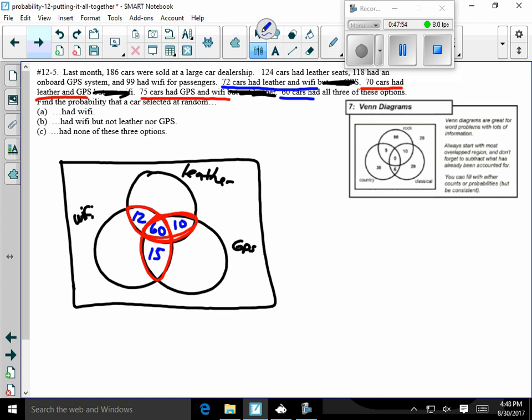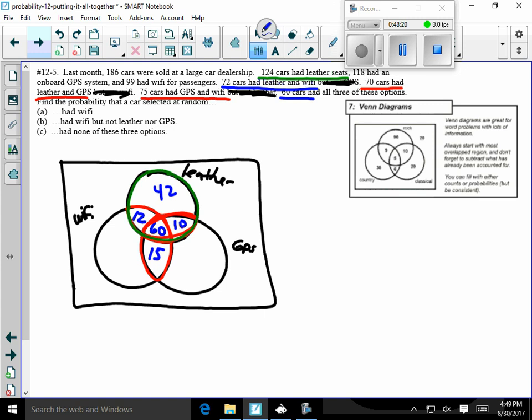All right. Now, other numbers in the problem. There's 124 cars that have leather seats. So that means everything in the leather circle has to add up to 124. But I've already counted 60, 10, 12, which is 82 of those. So if I take 124 and I subtract the 82, there's 42 remaining. That would go right here. 42 left that we haven't accounted for in the leather circle.